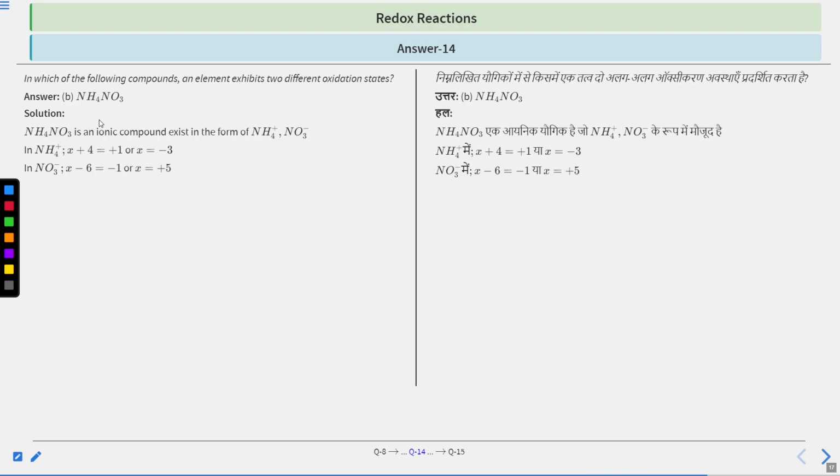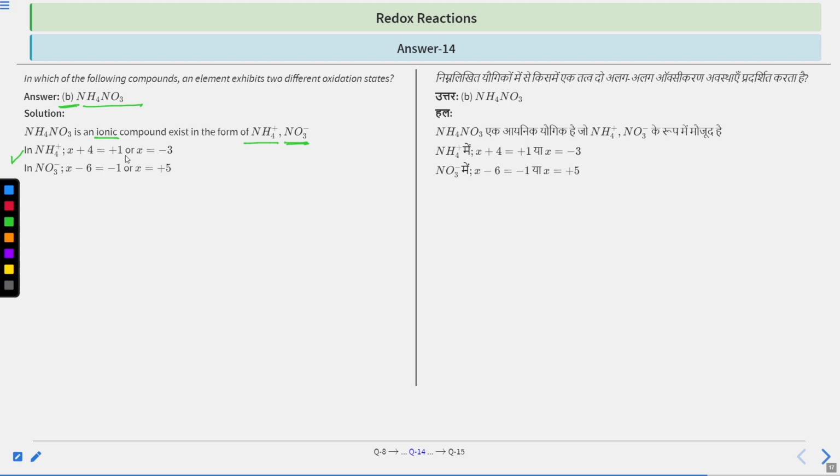Let's see. The correct answer is option B, that is NH4NO3. NH4NO3 is an ionic compound, and it dissociates into NH4 positive and NO3 negative. In NH4 positive, if we want to find the nitrogen oxidation state, let's suppose it is X. X plus 4 for hydrogen is equal to plus 1, because the overall charge on this ion is plus 1.